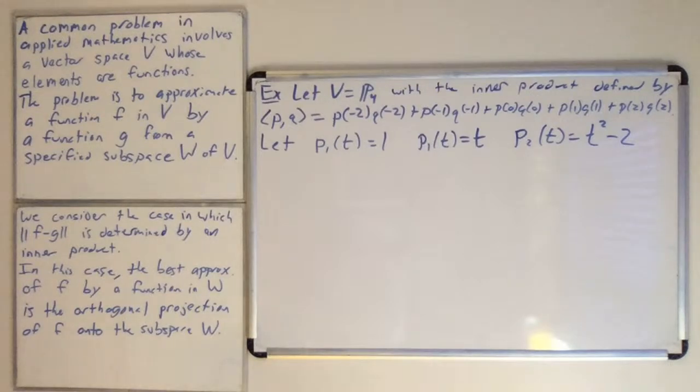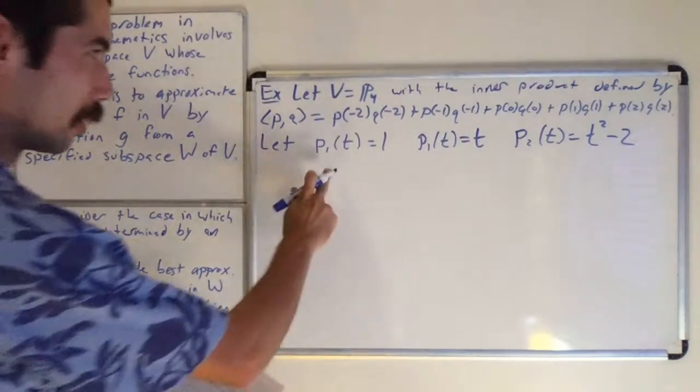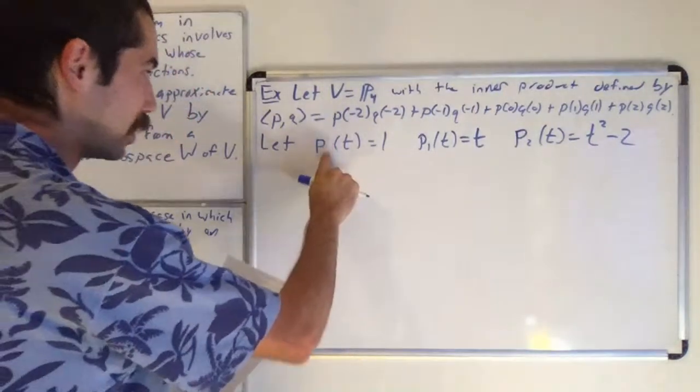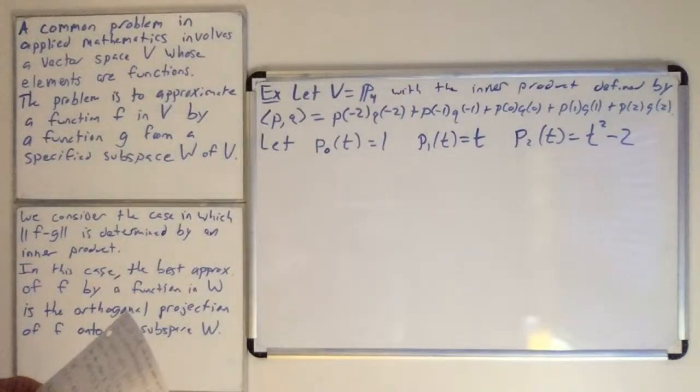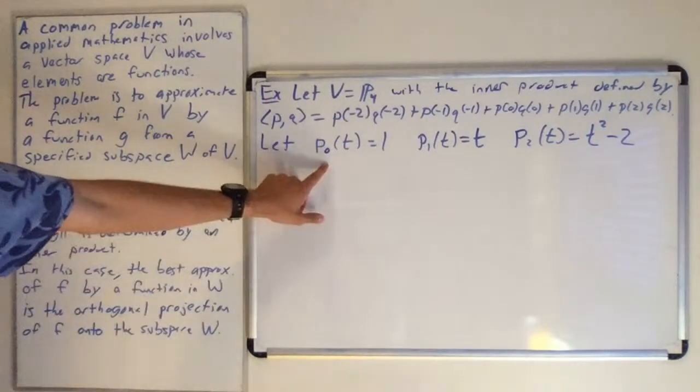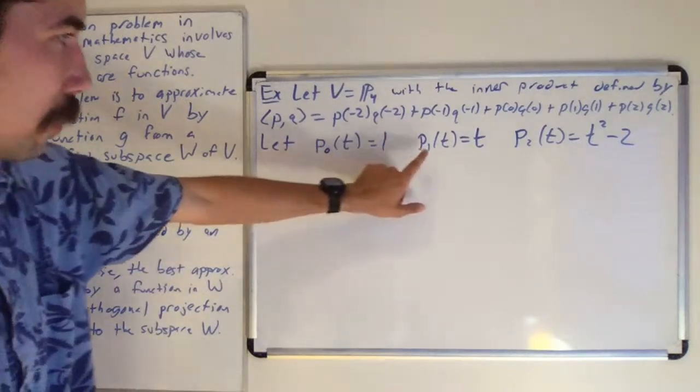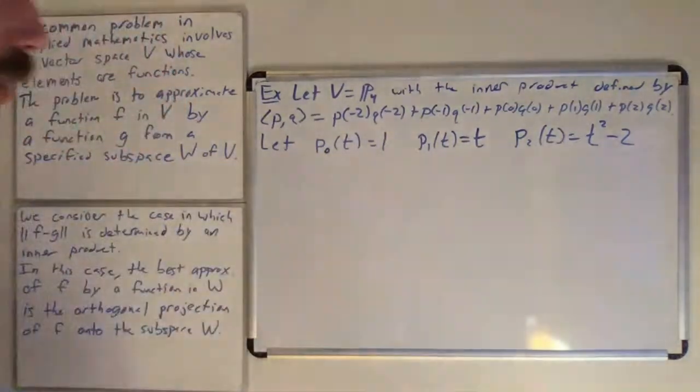Okay, and so the question is, let's make sure we did this right. This is P0. I'm not sure why I labeled them like this. Sorry, P0 is 1, P1 of t is t, and P2 of t is t squared minus 2.